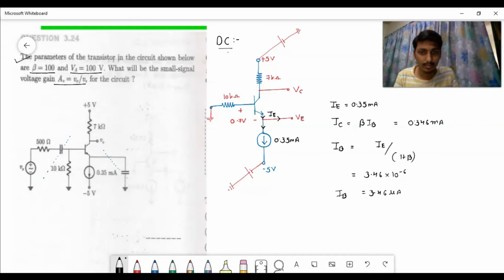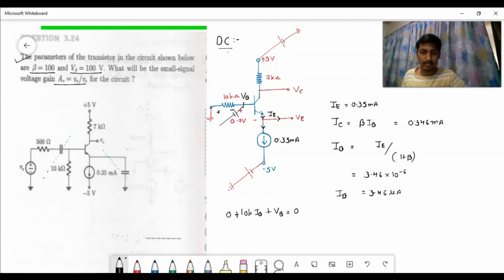We will switch to this part to check whether the circuit is in active region or not, using VC, VB and VE. For this we will apply KVL. 0 minus 10k IB plus VB equals 0.